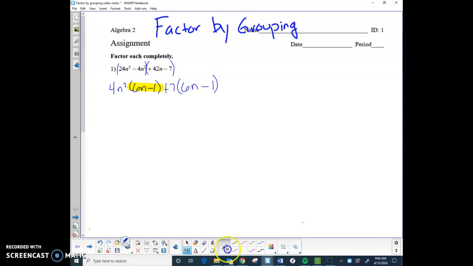So you can see we match, which means I could pull out this term, so 6n minus 1, and I am left with 4n squared plus 7. Alright, so now we can check that this works. We can do our boxes and multiply these out. So I've got 4n squared and a plus 7 and a 6n and a minus 1.